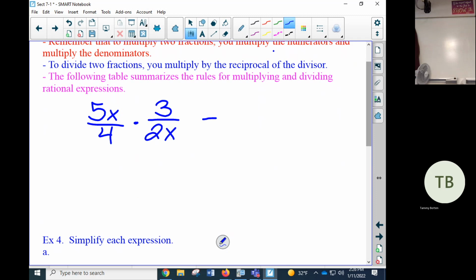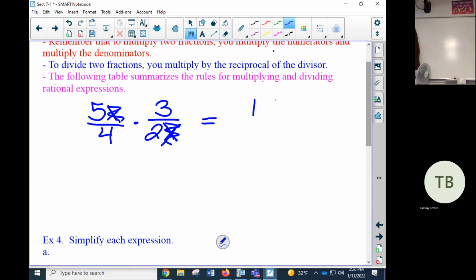When you do this, you could try to simplify here first, or you could multiply across the top and multiply across the bottom and then simplify. It's up to you which way you want to do it. Do you guys think we could cross out these x's? Are they combined with a plus or a minus at all? No. Then you can. So these are gone, okay?